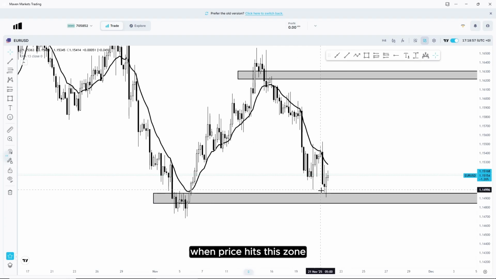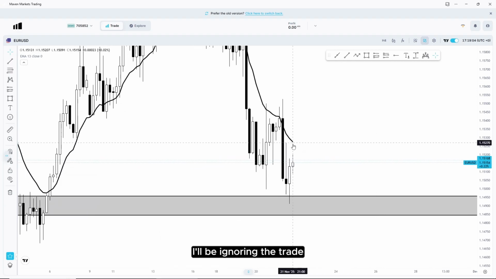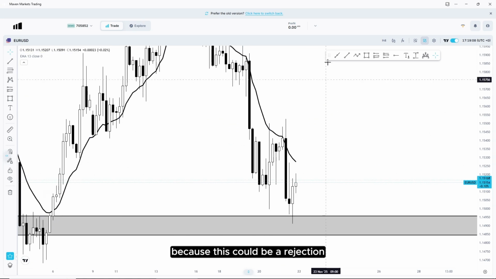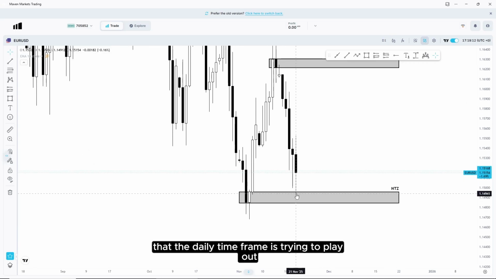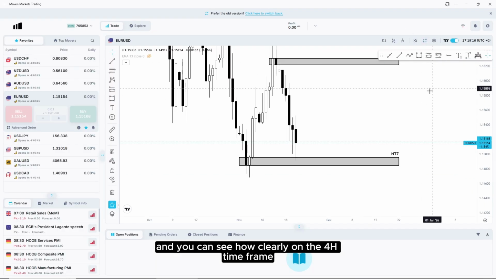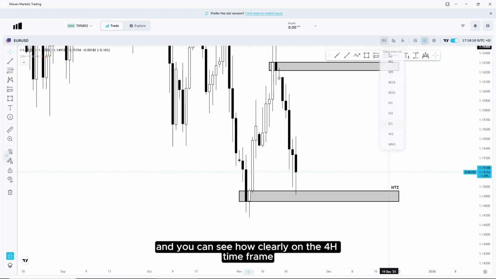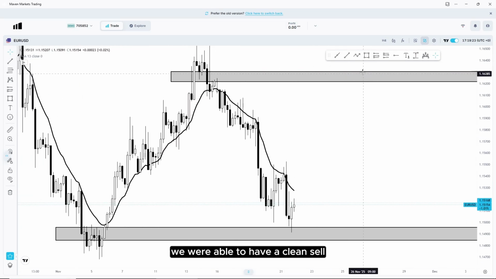When price hits this zone like it has done here, when this price rejects back to this 13 EMA, I'll be ignoring the trade, because this could be a rejection that the daily time frame is trying to play out from this strong level right here. And you can see how clearly on the 4H time frame we were able to have a clean sell.